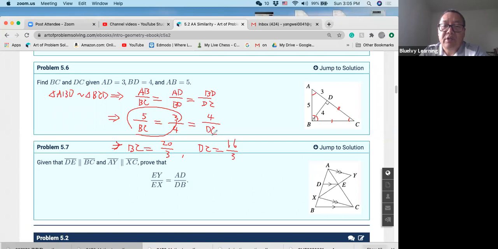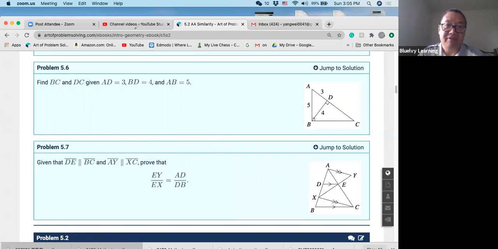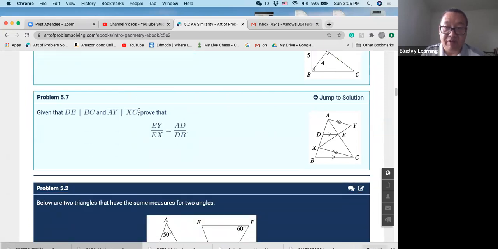Cross multiplication, 3 times DC equals 16. So DC equals 16 over 3, okay? Pay attention to this figure. If you did not fully understand, try to do some work after the class. This one is very, very important. From this picture, you learn a lot of very interesting facts.